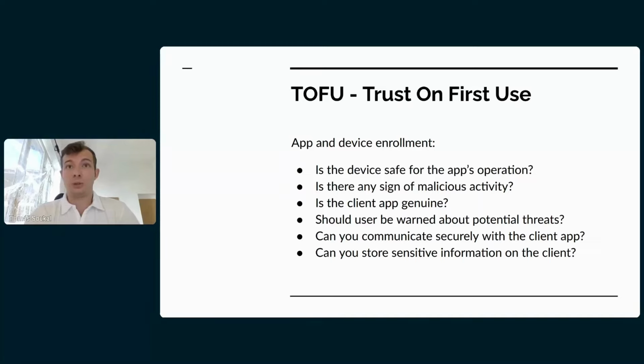And finally, can you store sensitive information on the client, because maybe the application doesn't have sufficiently sound storage, because a lot of mobile devices have software and hardware based storage for example keys, and it makes a tremendous difference in the security of this storage. So always check on first use if the device and application are safe for operation.